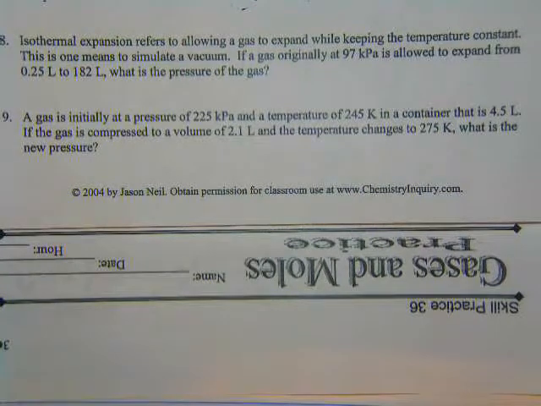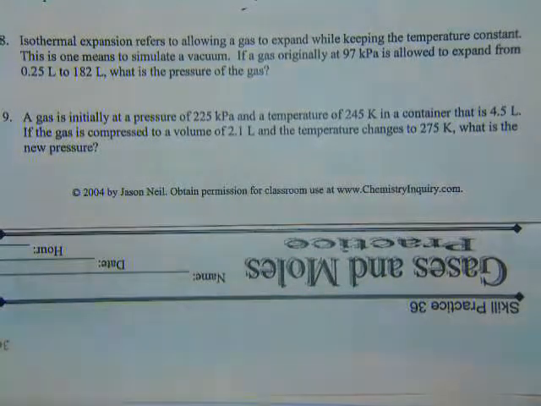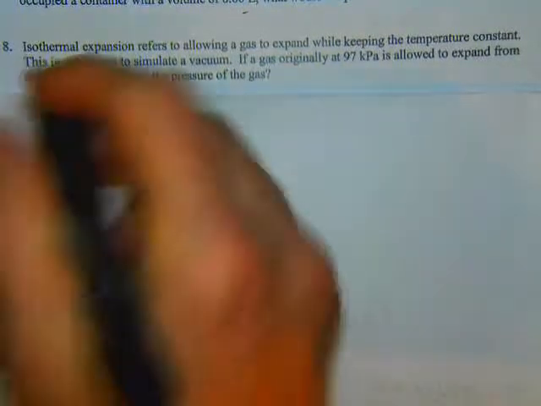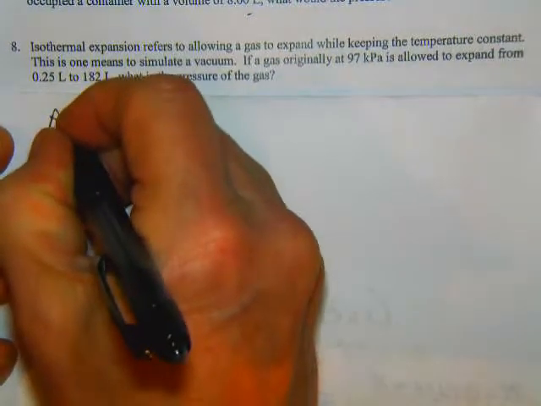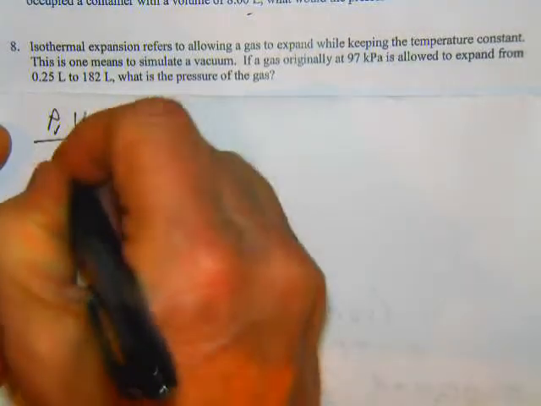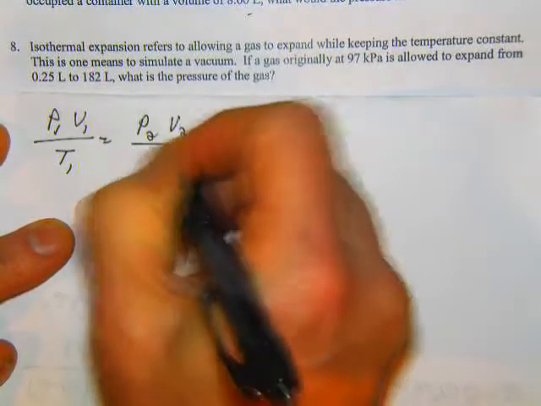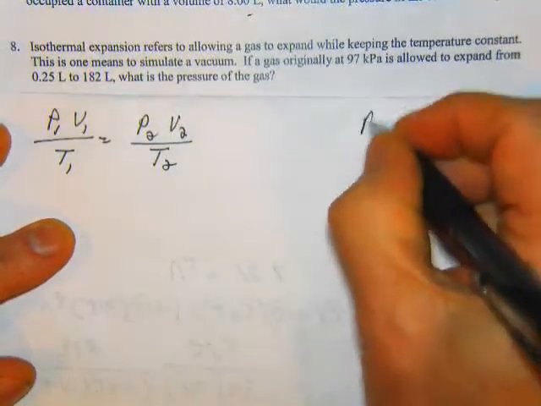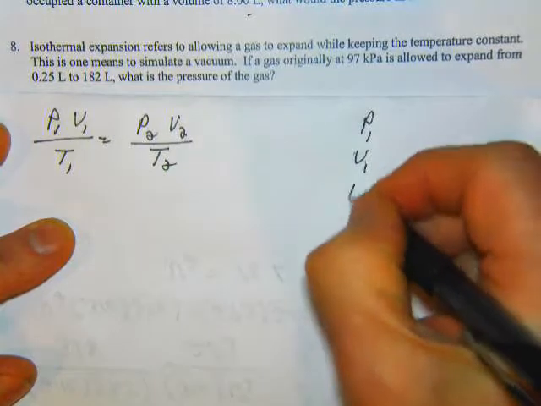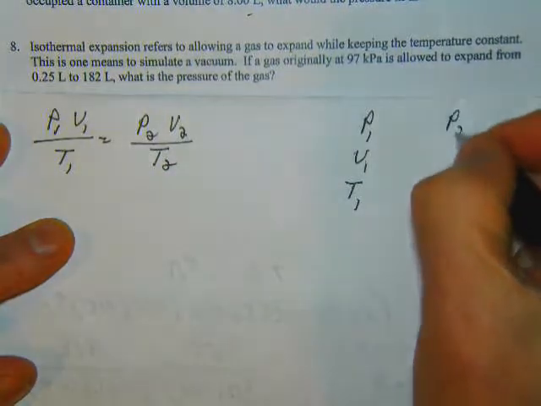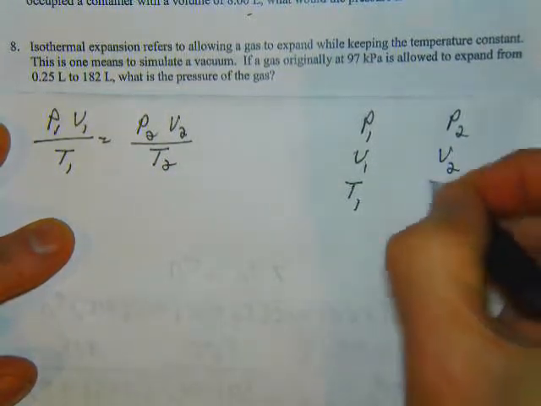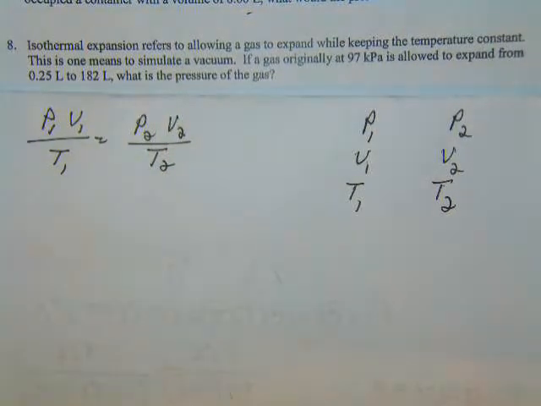All right, let's look at problem number 8. I know it's going to sound redundant, but we know P1 V1 over T1 equals P2 V2 over T2. Let's write this out again. I know this is redundant, but sometimes slower, as my dad used to say, is faster.